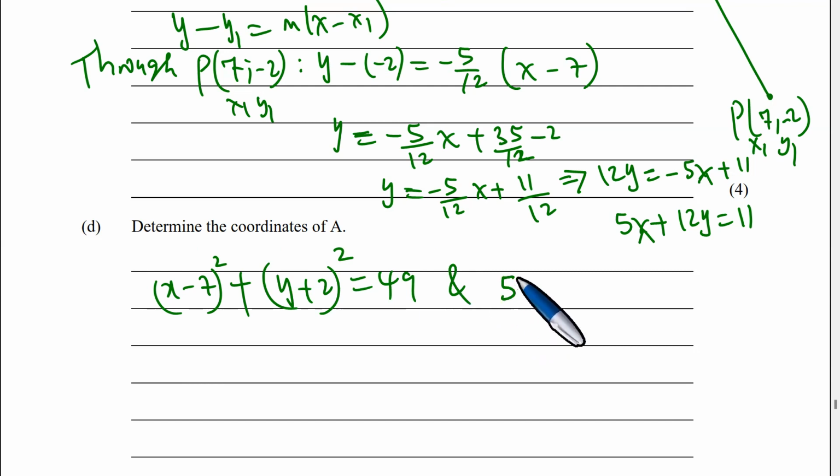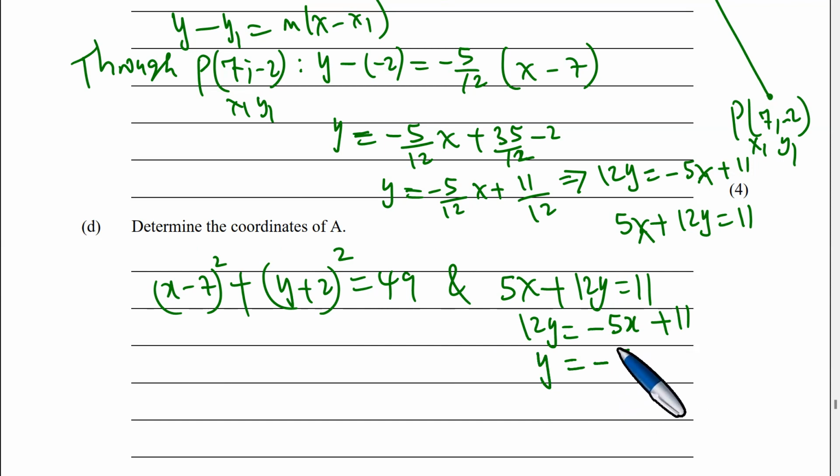And we have these two that intersect. Right, these two intersect, and then you need to solve them simultaneously. So at this point, you divide by 12, which gives y equals minus 5 out of 12 x plus 11 out of 12.